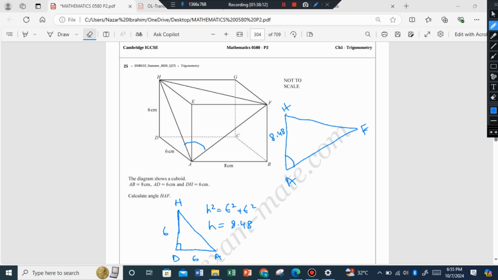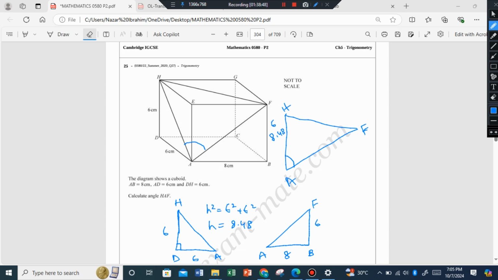Applying the same Pythagoras on FAB, right? This is F, this is A, and this is B. So this is 8, AB. This FB is the height, which will be 6. It's a cuboid, right? So AFB was the second triangle.